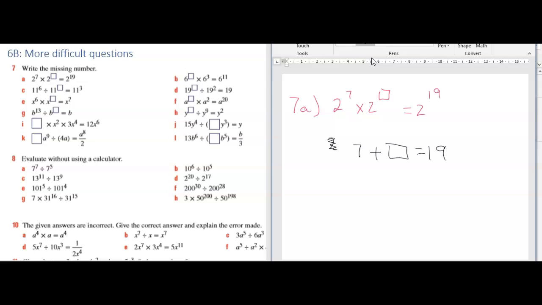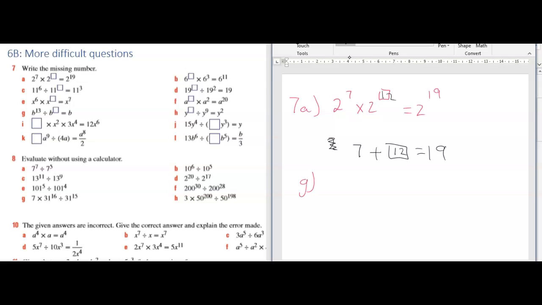So remember, you're adding your powers. We don't know what this is, but we know that 7 plus this power has to equal 19. So 7 plus 12 will give you 19. You could solve that algebraically if you like to, but you probably don't need to do that.